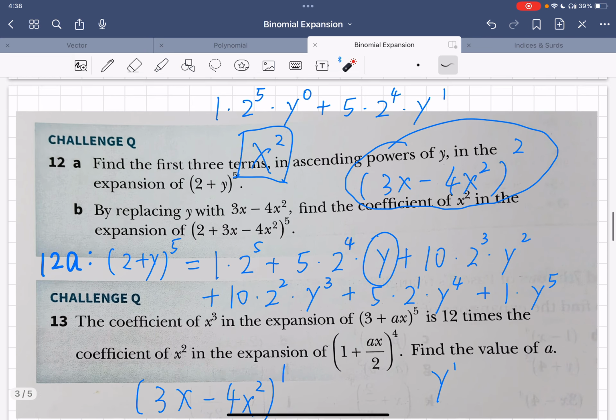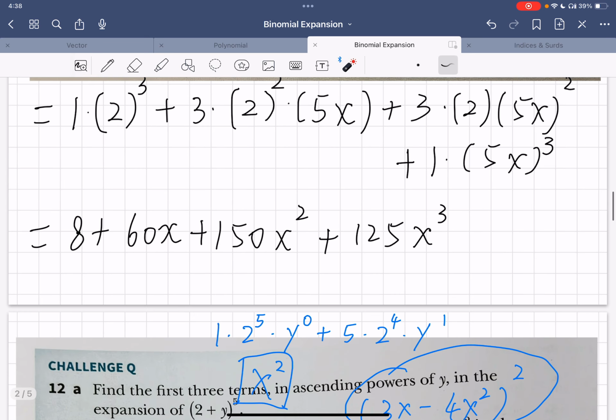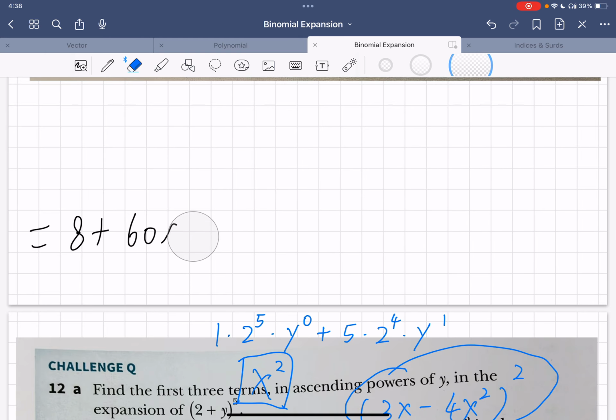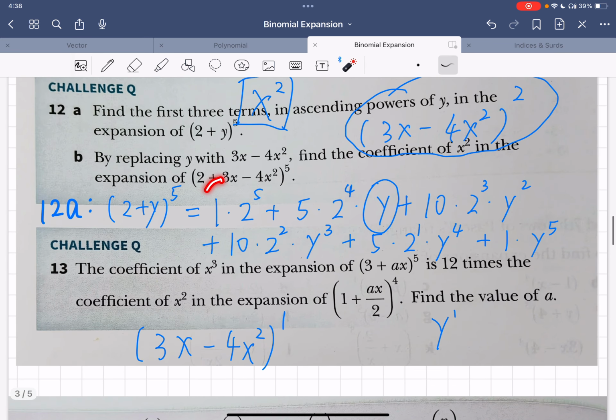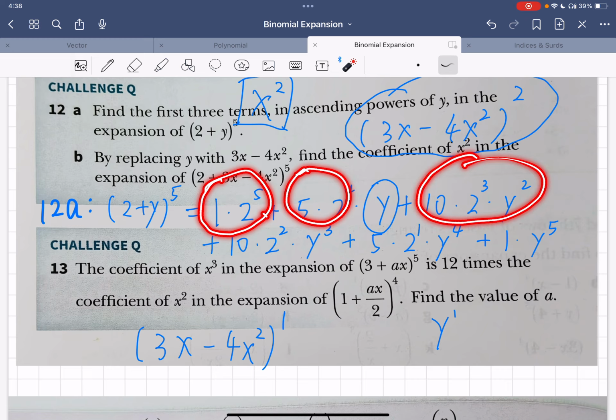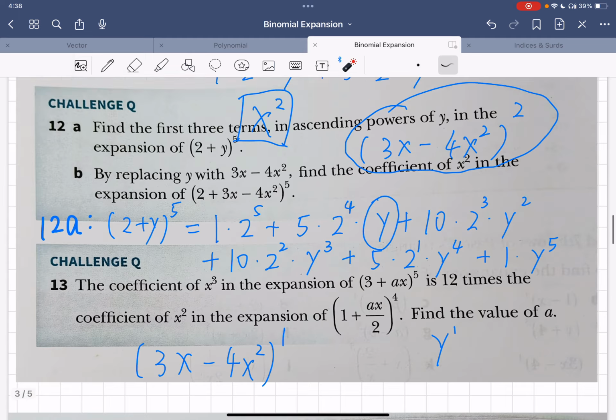For the nth term, let me write here, T represents the nth term. So in this case, this is the first term, the second term, the third term, the fourth term, the fifth term, the sixth term, and so on.